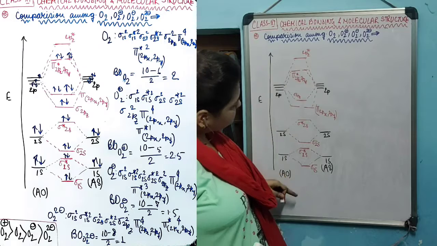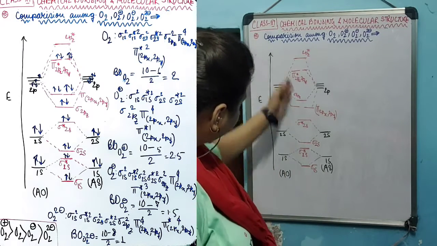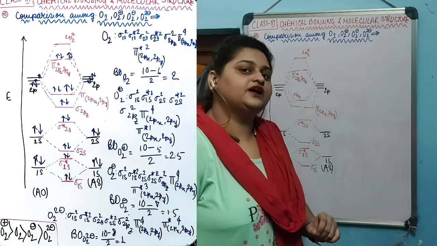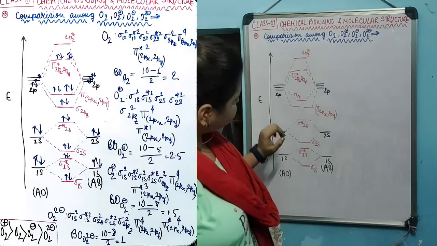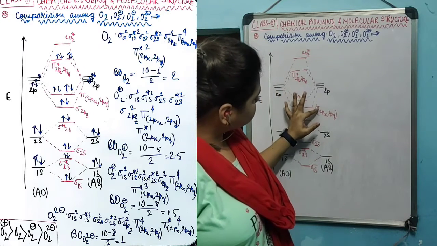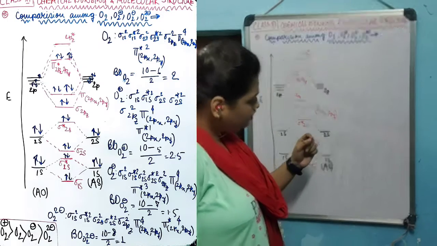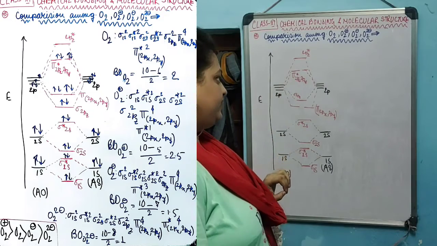This is a similar molecular diagram to the previous one that I constructed for the nitrogen species. If you notice, the pi 2px 2py degenerate orbitals are lower in energy compared to the sigma 2pz orbital.